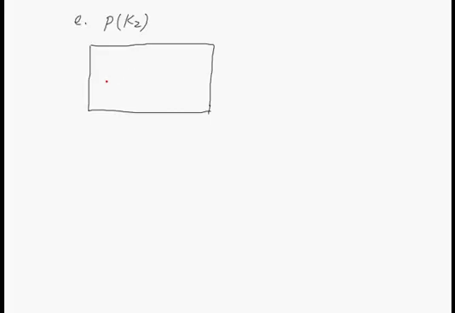We have K1 and its complement dividing this whole sample space into 2 parts, this K1 and this K1 prime. K1 and K1 prime also divide K2, this whole thing, into 2 parts.